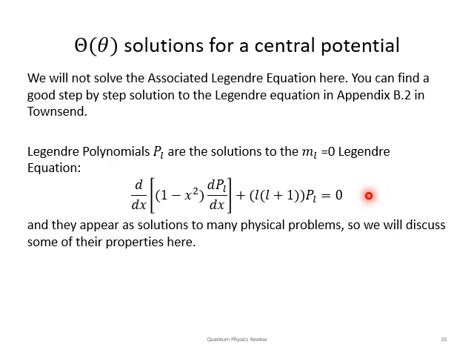The other solutions, with m having arbitrary integer values, are the associated Legendre polynomials, and the solutions with m equal to 0 are the Legendre polynomials. These polynomials appear as solutions to many physical problems. In particular, Legendre polynomials show up in mechanics and in electromagnetics. So it's a good idea to get a little bit of idea of what they are now.